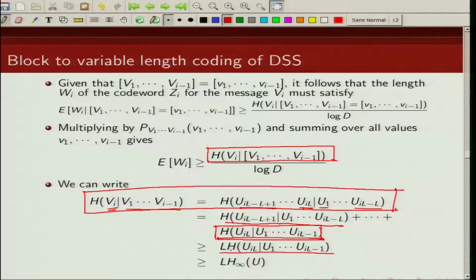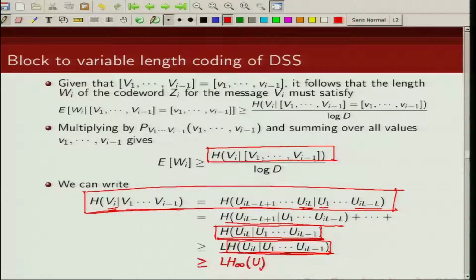And of course, as I said, this is a non-increasing function, so this particular term will be greater than or equal to the entropy rate. So then we can further write that the uncertainty in Vi given V1, V2, up to Vi minus 1 is greater than or equal to L times the entropy rate.